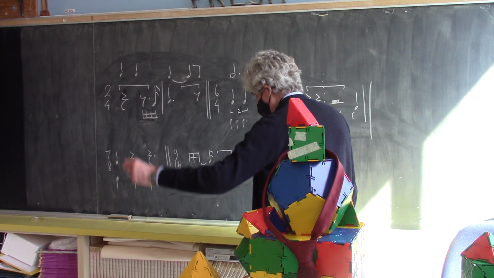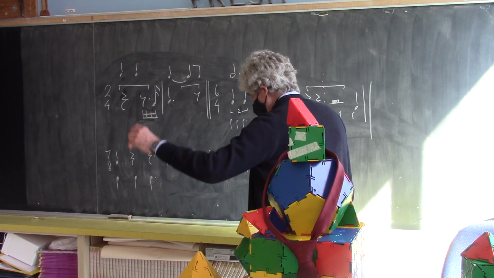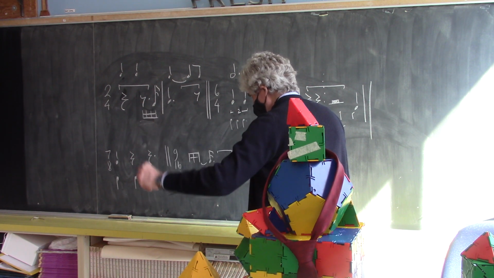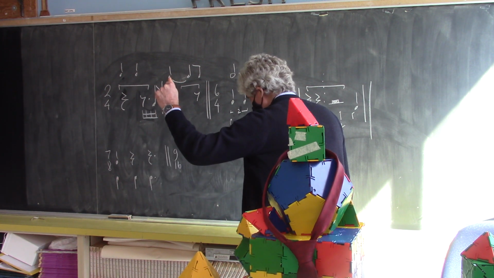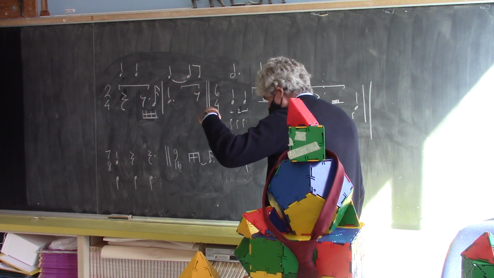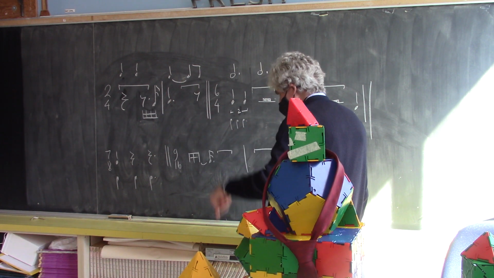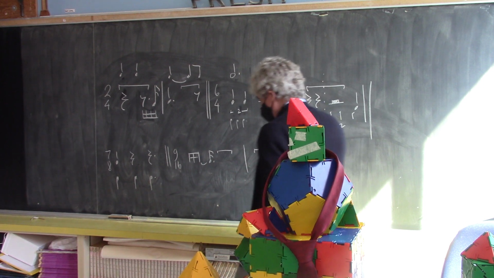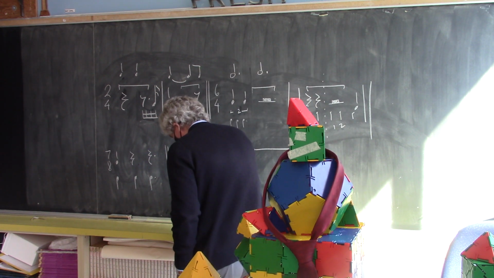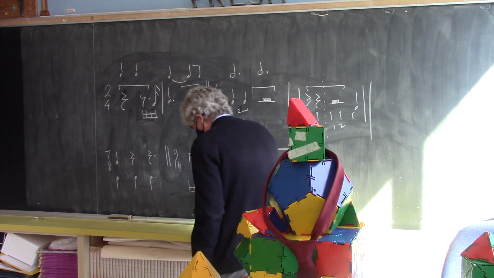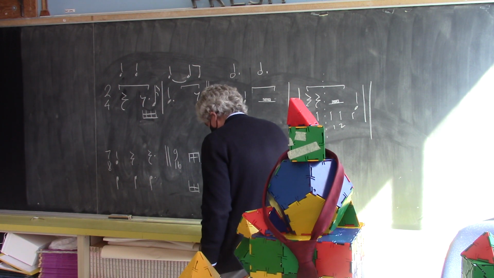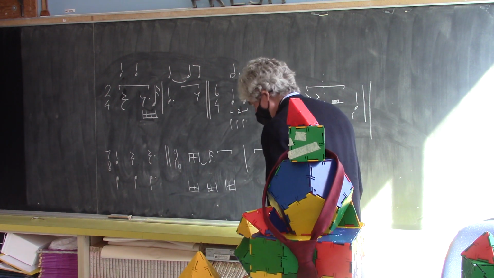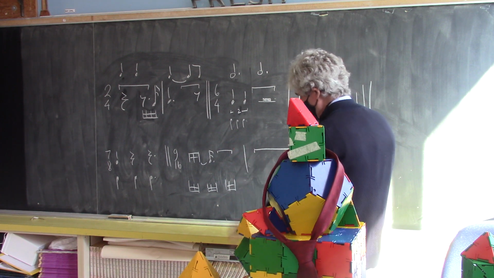Alright, 9/16. 1, 2, 3, 4, 5, 6, 7, 8, 9. 3 beats. Each beat's compound, so each beat is a dotted 8th note. And it looks like that. So we're going to try to do it that way.